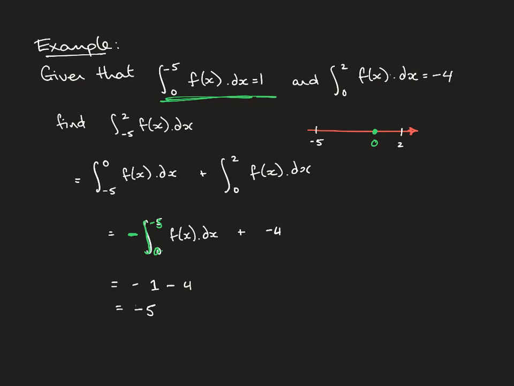And then we've also got our second integral that we already know is minus 4. So if we substitute in, what we've got is a negative version of our first integral. So our answer is in fact negative 1 minus 4, which gives you negative 5.